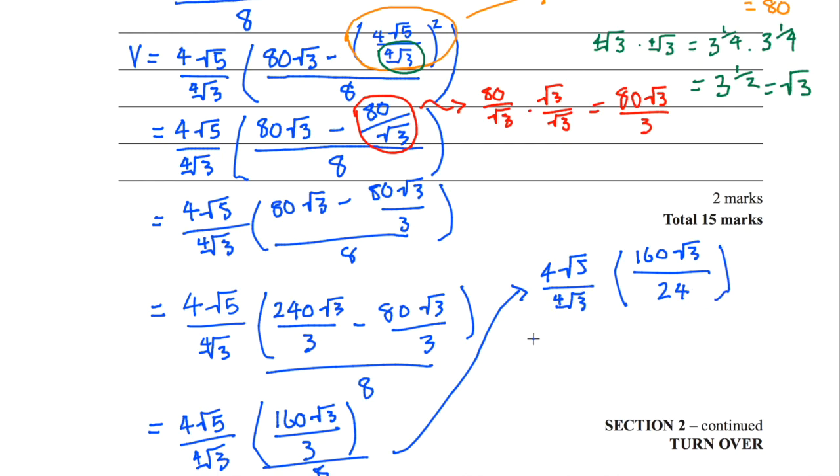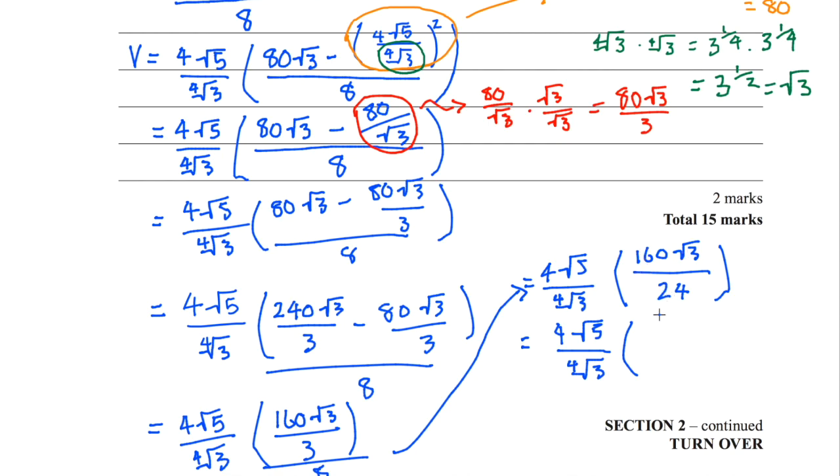We're almost getting there. We might need 2 more lines, and then it's 4 root 5 on the 4th root of 3 times 160. What goes into 160 and 24?